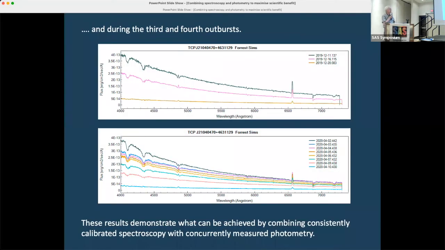And for the final two outbursts, these are spectra that Woody Sims got, which again shows the progressive change in the energy in that star as it goes through the outburst. So I think these results demonstrate what can be achieved by combining consistently calibrated spectroscopy with concurrently measured photometry. You get information about the physics of that outburst, which is potentially more useful than if these were just relative flux spectra.